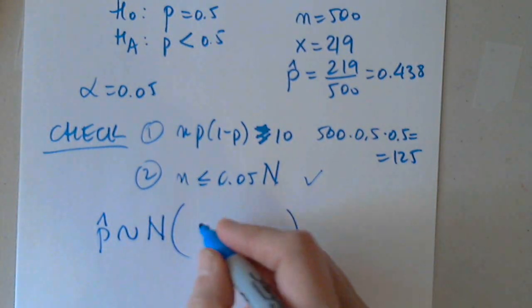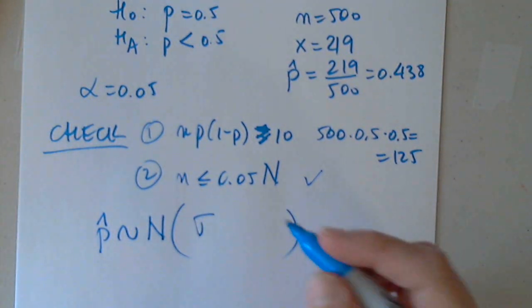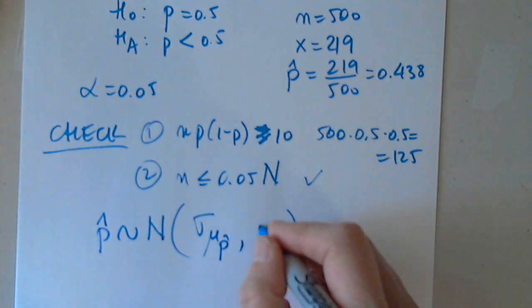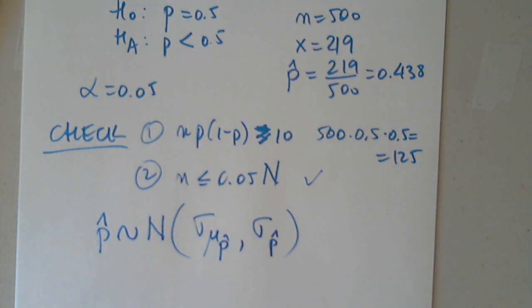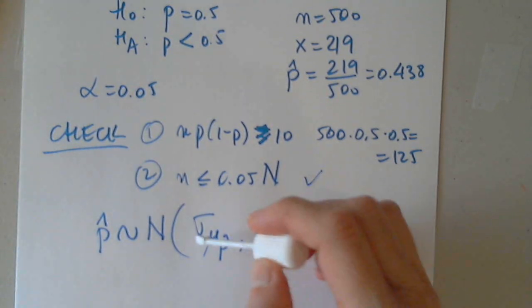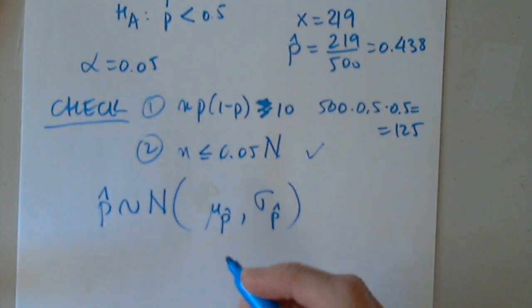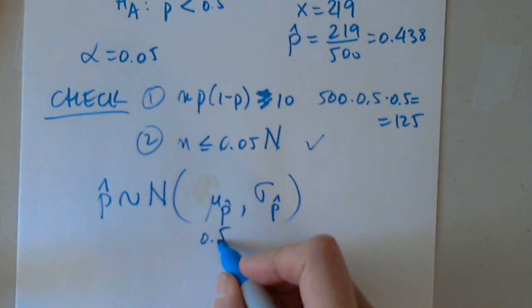And the distribution will be, I'll correct that, mu p hat, sigma p hat. We always put the sigma second. Okay, let's determine them. And we know from the previous section, chapter of the course, that this is the same as the population proportion.